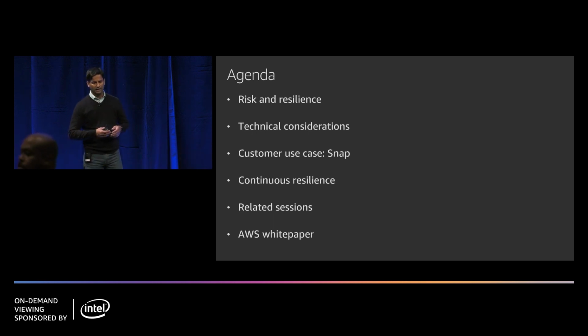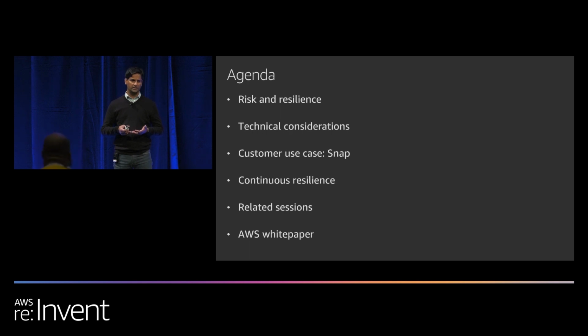And then in the next segment, customer use case, Vinay is going to walk us through how they have architected their Tier 1 services using AWS services and also patterns that they have deployed. And after that, Pawan will walk you through the continuous resilience model, some of the principles behind that, and some of the patterns that we have seen in the industry.